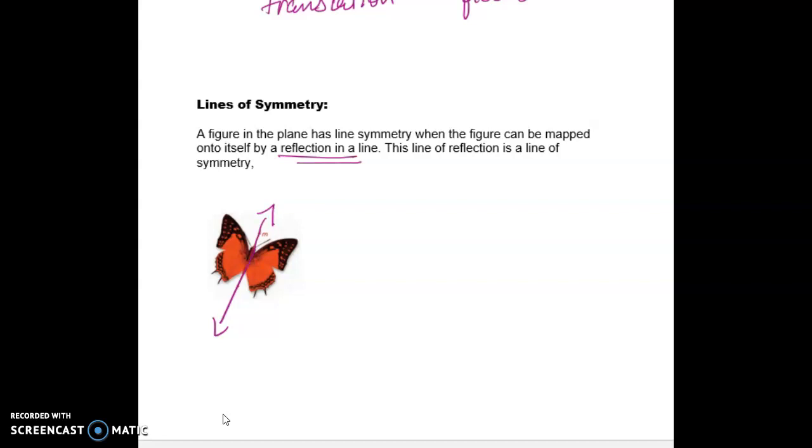If this is the line of reflection, the right hand side is mapped exactly onto the left hand side. So this line of reflection is working as a line of symmetry.